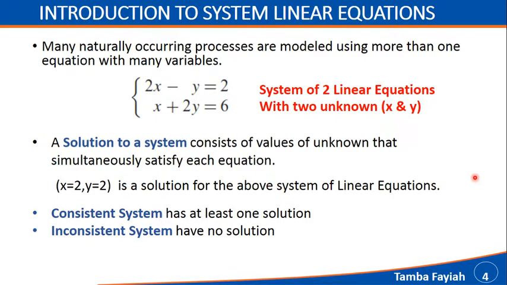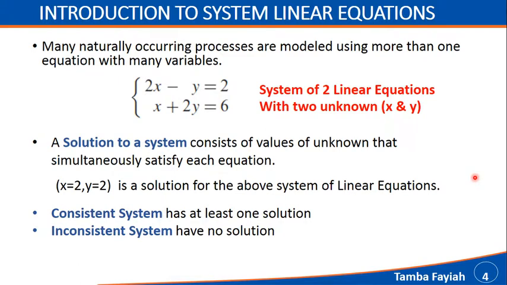Like we stated previously, many naturally occurring processes are modeled using more than one equation with many variables. If you have more than one equation in your system modeling a particular situation, then you have a system of linear equations. A solution to a system consists of values of the unknowns that simultaneously satisfy each equation.